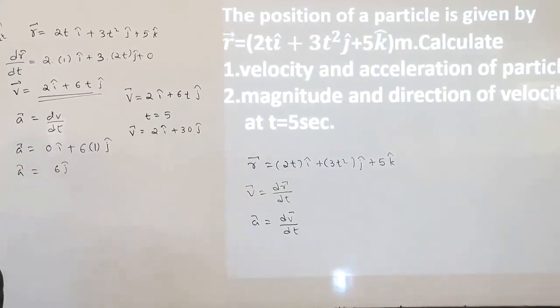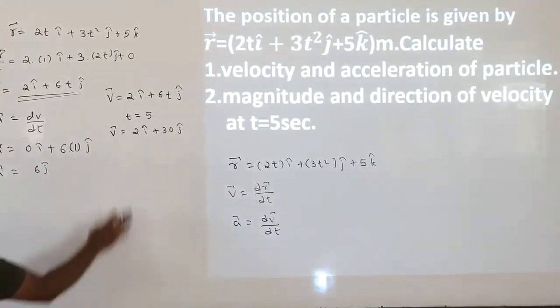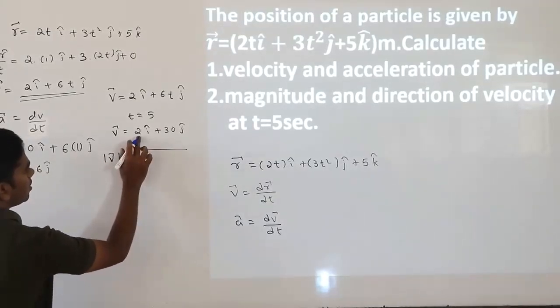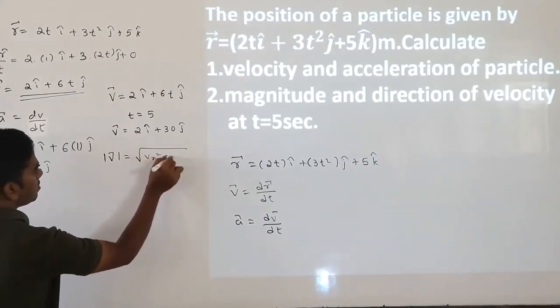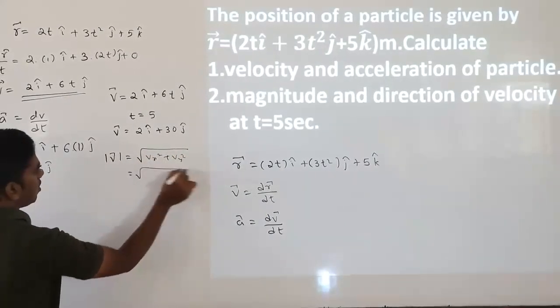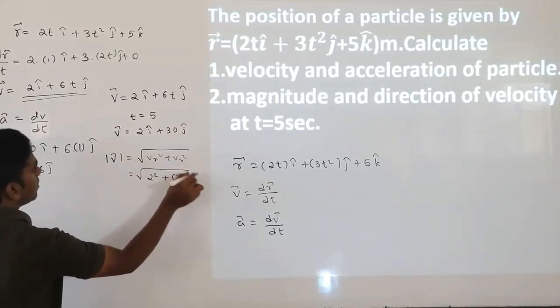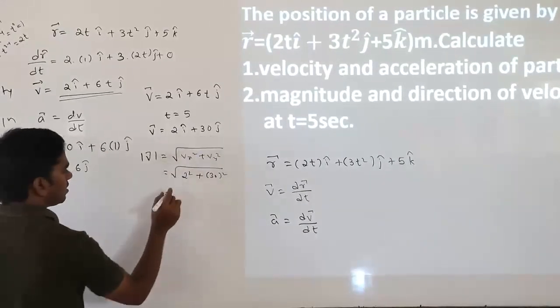Now they are asking the magnitude and direction of velocity. How can we find the magnitude? Magnitude is square root of vx square plus vy square. So that is square root of 2 square plus 30 square, because t equals 5 we have already substituted.